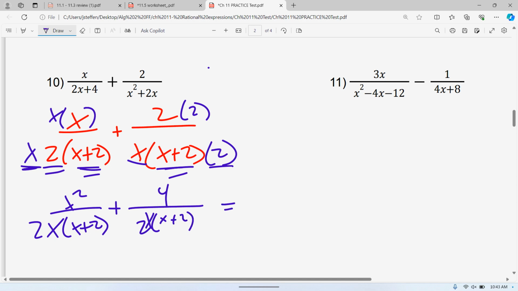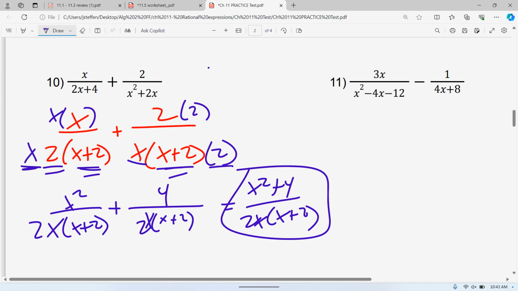Getting x squared plus 4, over 2x times (x plus 2). Keep in mind, you cannot factor the numerator. It's x squared plus 4. If it was x squared minus 4, then you definitely could. But since it's plus, that is as factored as it can get.